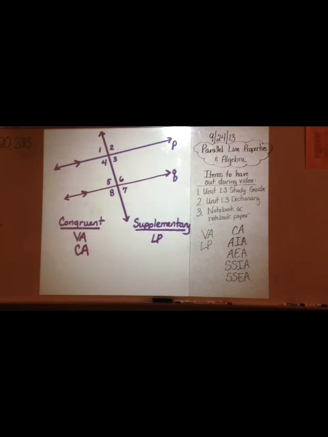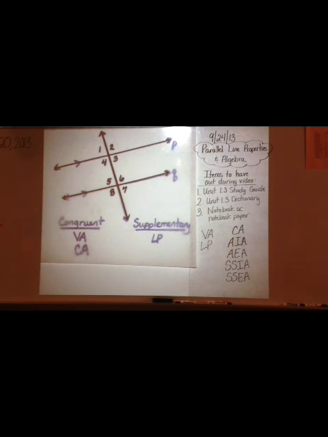The next angle relationship, alternate interior. Interior, meaning between the parallel lines. Alternate, implying on different sides of the transversal. One of our alternate interior pairs here is 3 and 5.